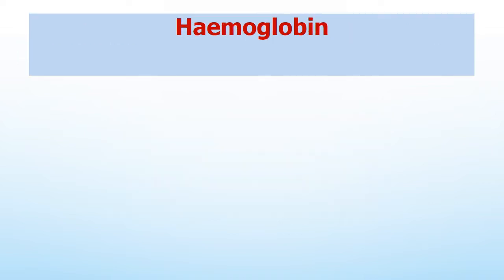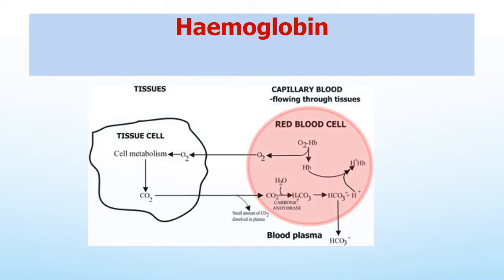Coming to the hemoglobin buffer system. At a tissue level where there is metabolism taking place and carbon dioxide is getting produced, in the capillaries there are the RBCs with oxygenated hemoglobin that is coming from the lungs. So this carbon dioxide that is released through the metabolism diffuses out and into the RBCs and combines with the water present in the RBC, and with the help of the enzyme carbonic anhydrase gives carbonic acid.